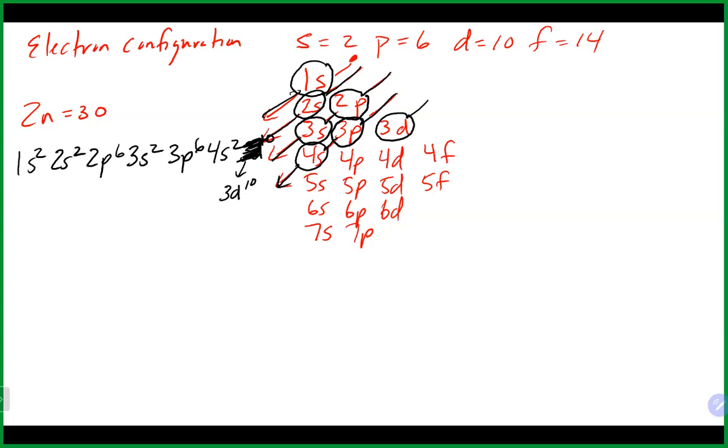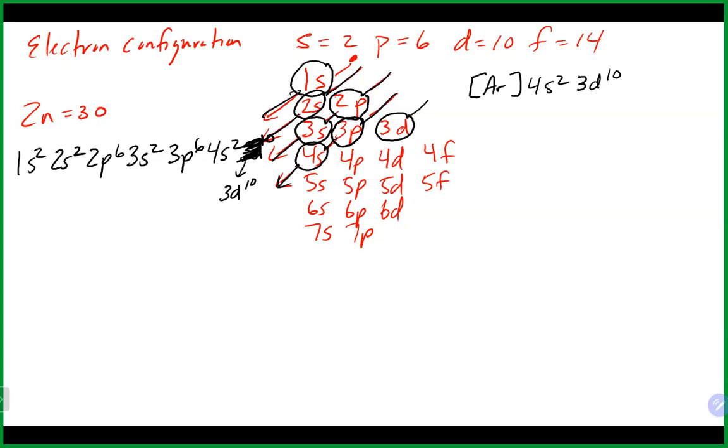Remember, we could back up on the periodic table to the one that comes before it, which in this case would be argon. And you could do the shorthand there. It would be 4s2, 3d10, if I didn't screw that up. And that would get us 18, 20, and 30. Any questions on electron configuration?